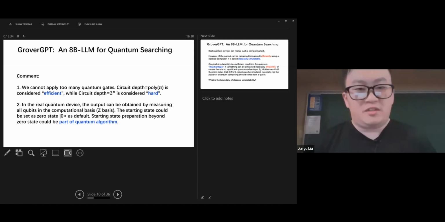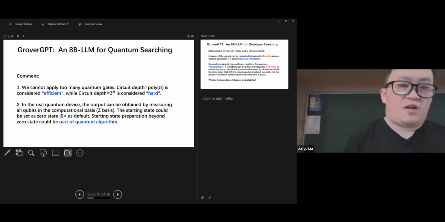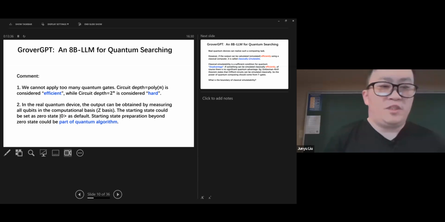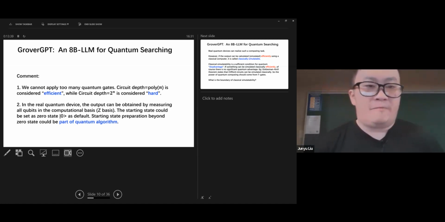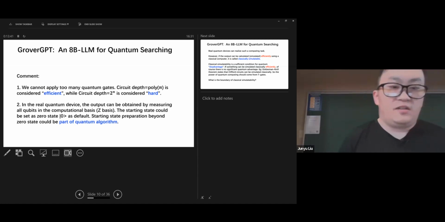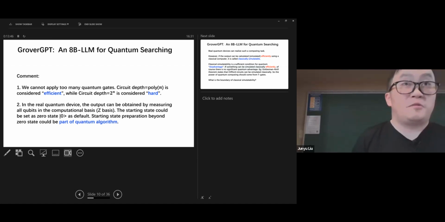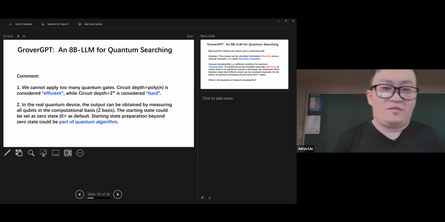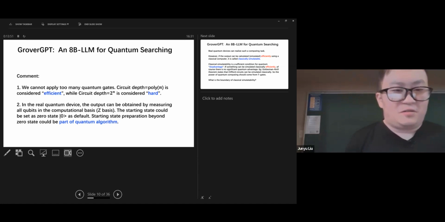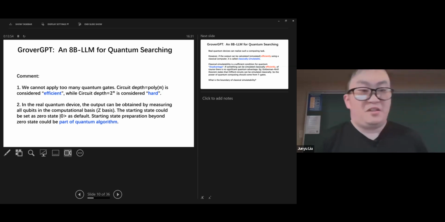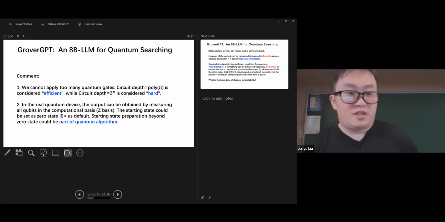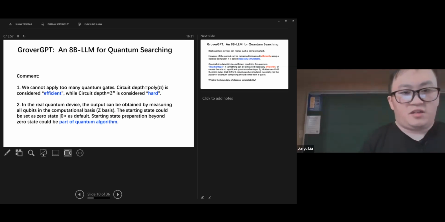In this universal definition, we can make it more specific by setting different initial states. For instance, here I imagine by default that it is set as the zero state. However, this does not lose generality, because you can merge your state preparation unitary into part of the classical description of the quantum circuit. So without loss of generality, one can assume the input state is the zero state.